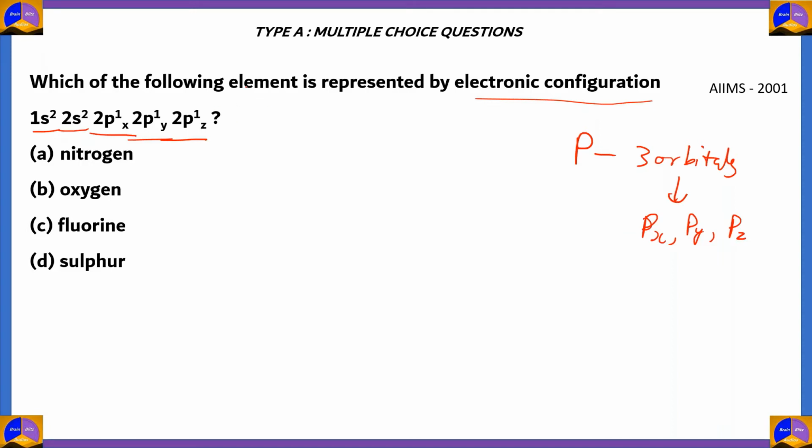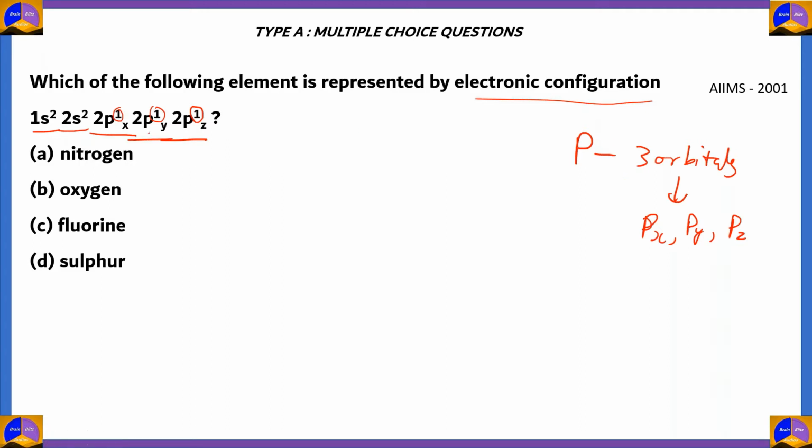So since the second shell has 2s and 2p, we've just written 2p into 3 orbitals, 2px, 2py, and 2pz. And the number in the superscript implies that there is 1 electron in each of the orbitals.